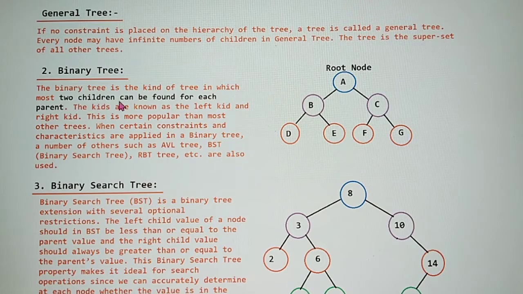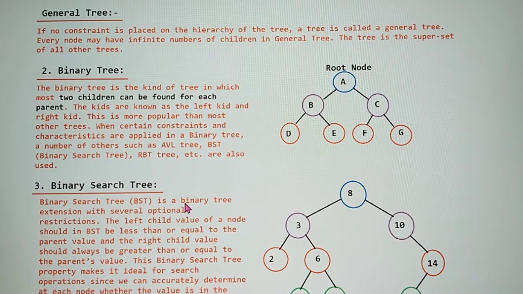Two children can be found for each parent. A is the parent and B and C are the children. When B is the parent, D and E are the child nodes, and for C, F and G are the child nodes. So it is a foundation that a parent node contains two child nodes.